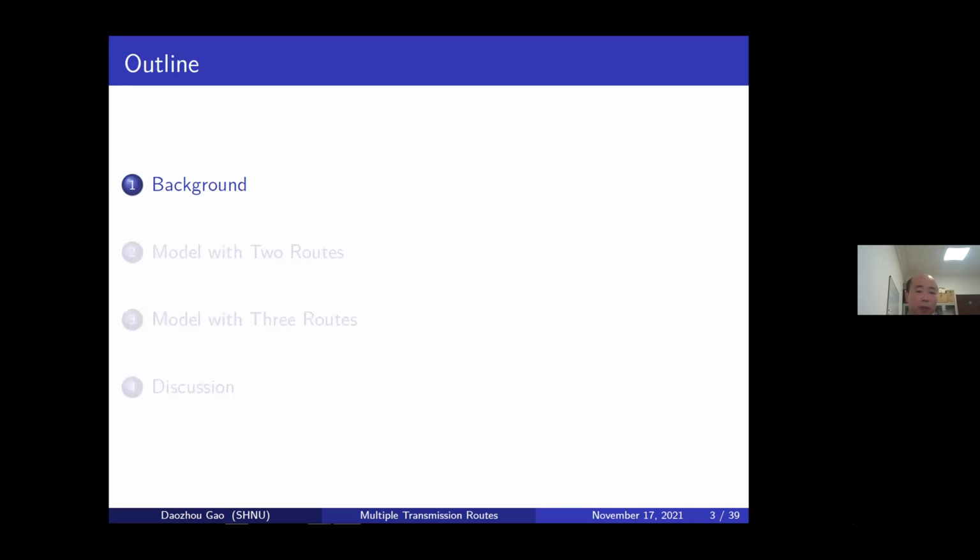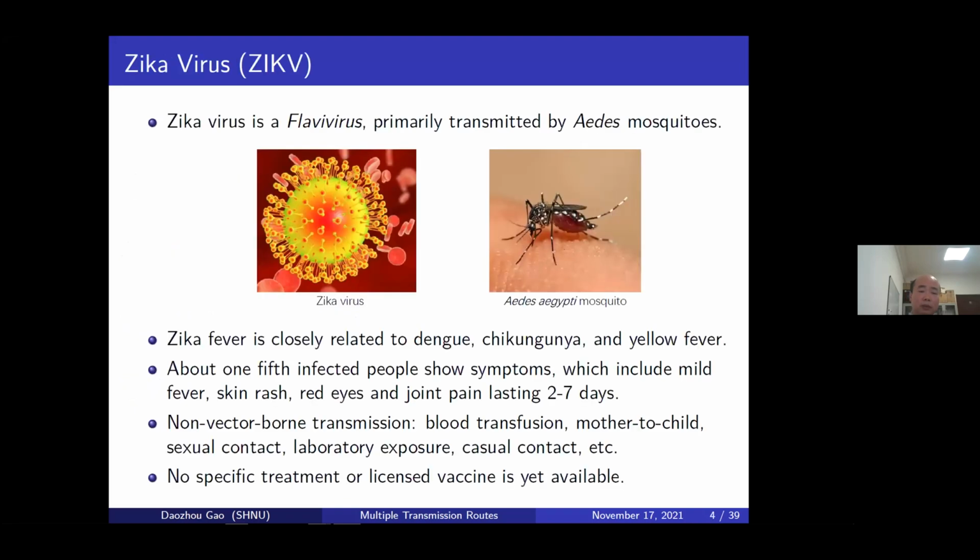First, background. Zika virus disease is also called Zika fever or Zika. It's a mosquito-borne disease caused by Zika virus. About 20% of Zika infections are symptomatic, and the common symptoms include mild fever, skin rash, red eyes, or joint pain lasting 2 to 7 days.